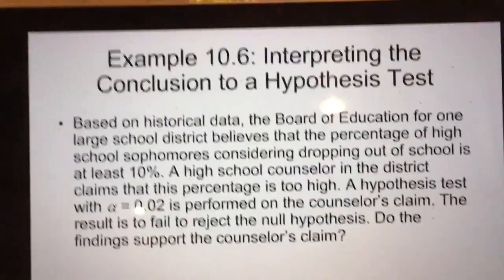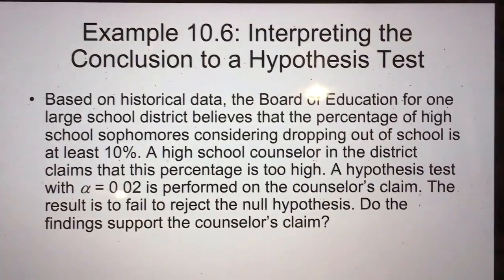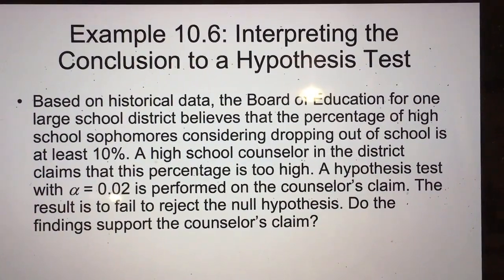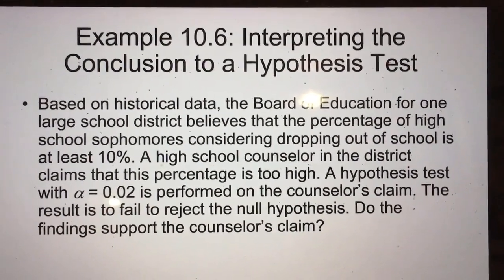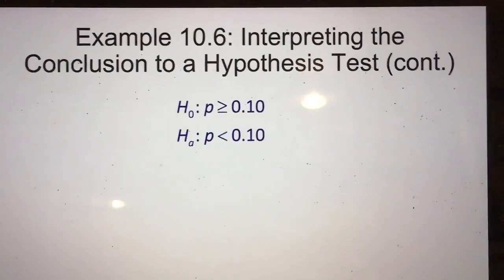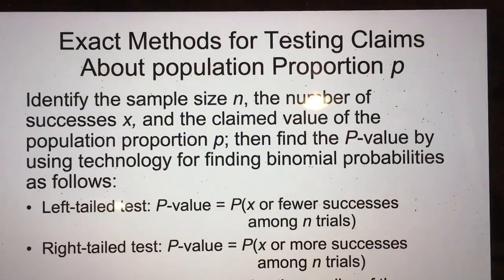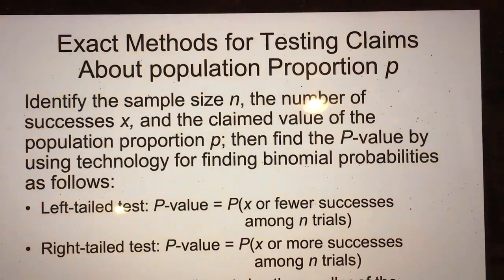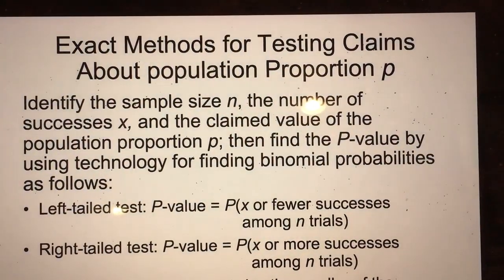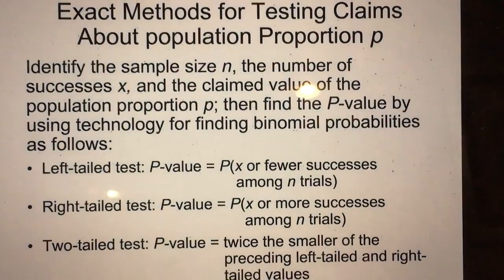Here's another example. I'm not going to go through this one. I always put more examples than you need on your PowerPoints, so you can go through this one on your own. That's 10.6. Now, the exact methods for testing claims about population proportions, I'm not going to really focus on this.